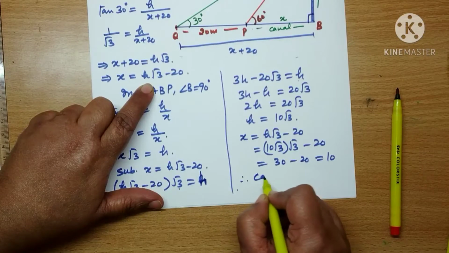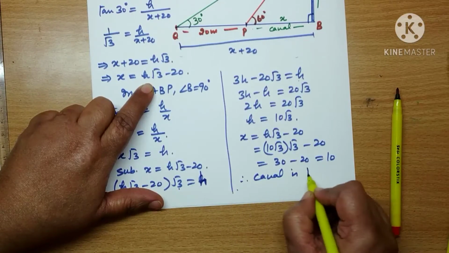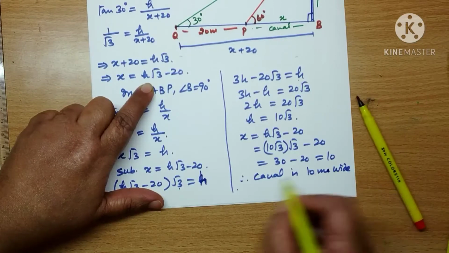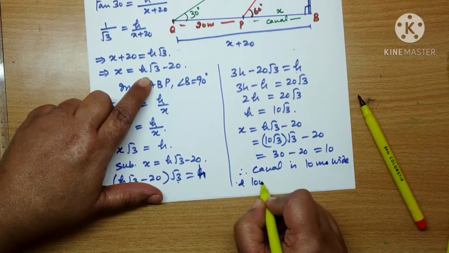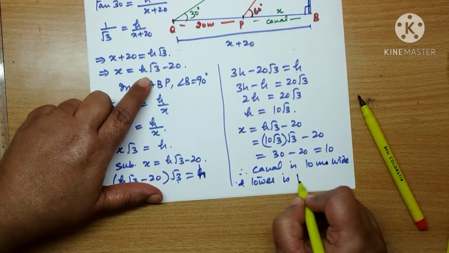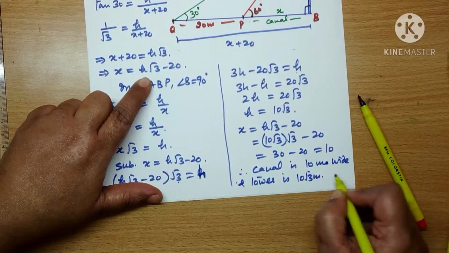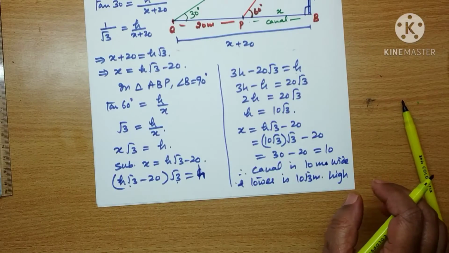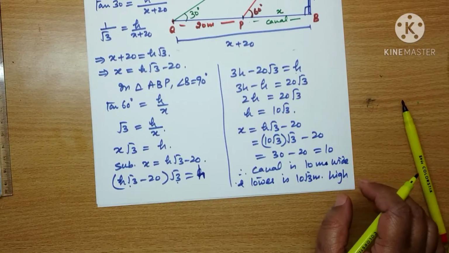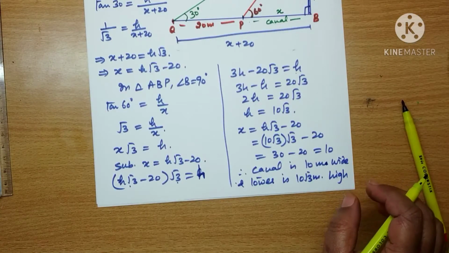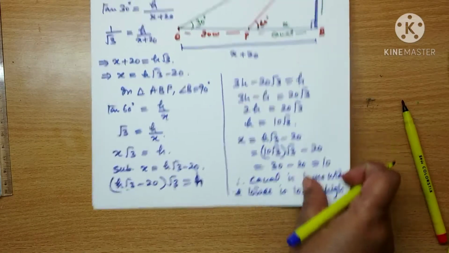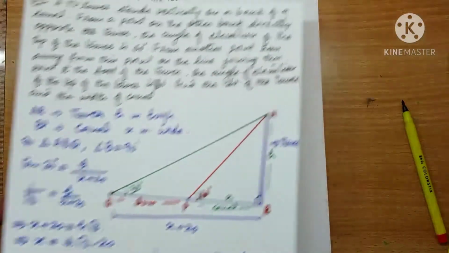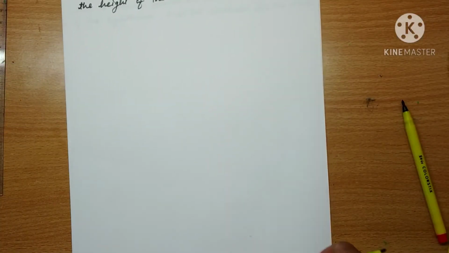Therefore, the canal is 10 meters wide and the tower is 10 root 3 meters high. Because the value of root 3 is not given, we will not substitute. We will simply write the width of the canal is 10 meters and the height of the tower is 10 root 3 meters. Next question, question number 12.